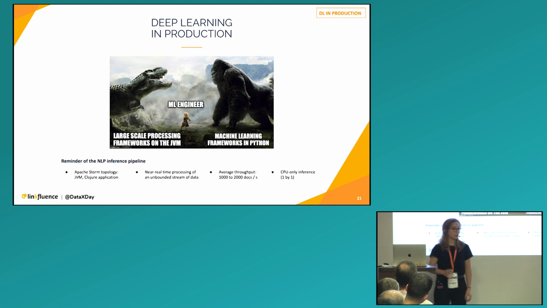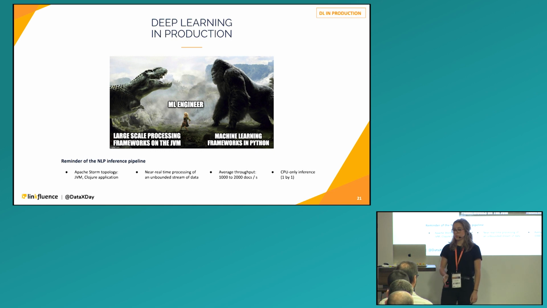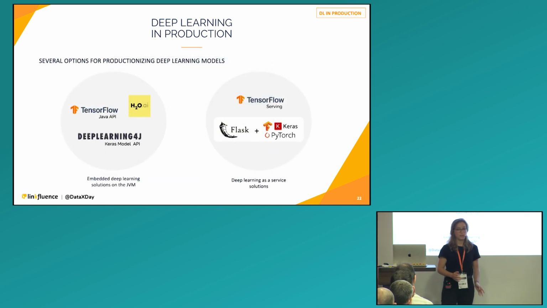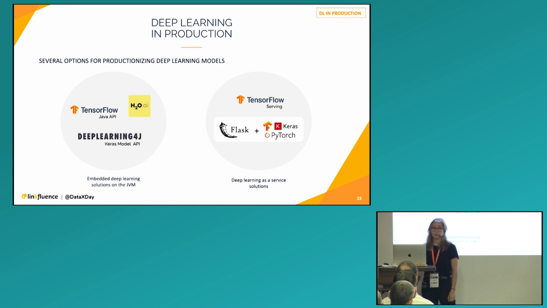In our case, we also wanted to integrate this model into our production pipeline that I presented to you earlier. To remind you, it's running on Apache Storm. We've got this near real-time constraint, and we've got a quite heavy throughput. So what are the possible solutions for us? Maybe this part will sound a little bit like the talk given by Kai this morning.